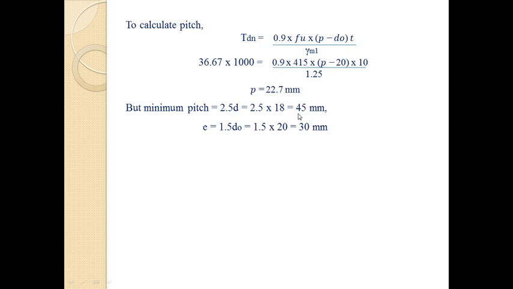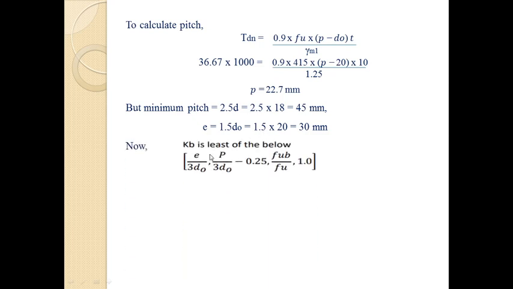We have to provide at least a pitch of 45 mm. So now we are providing a pitch equal to 45 mm. Then the edge distance is equal to 1.5 d0, as a machine flame cut edge is considered. Then 1.5 into d0, which is 20, is equal to 30 mm. So now we know the pitch and edge distances.